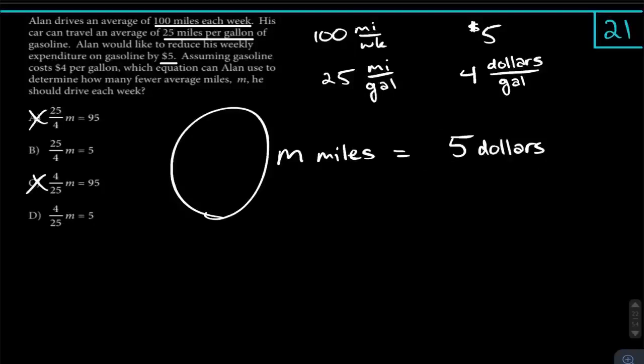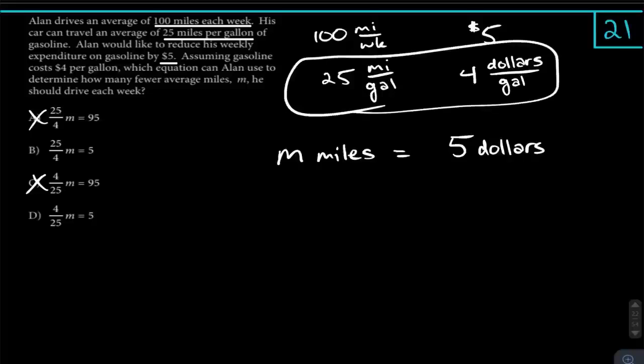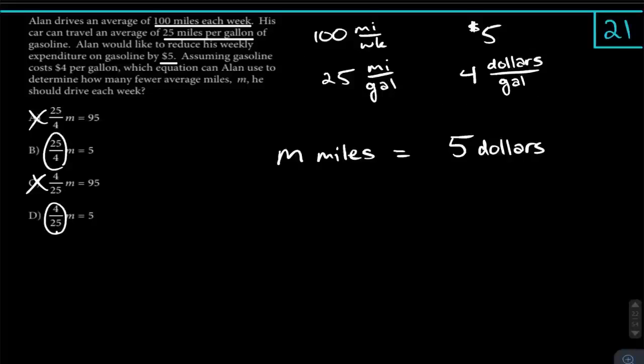So the problem that we're having now is going to be finding this stuff out here, right? What's actually going to be out here? And we have two choices. We have 25 over 4 or we have 4 over 25. And actually, to be honest, I wouldn't even just go about thinking about this. I would just plug in to what you see here and see if it works, right?